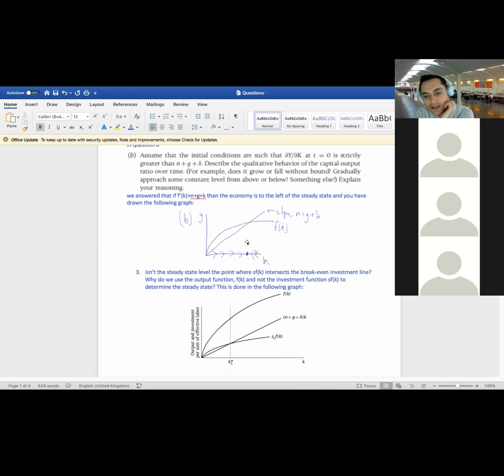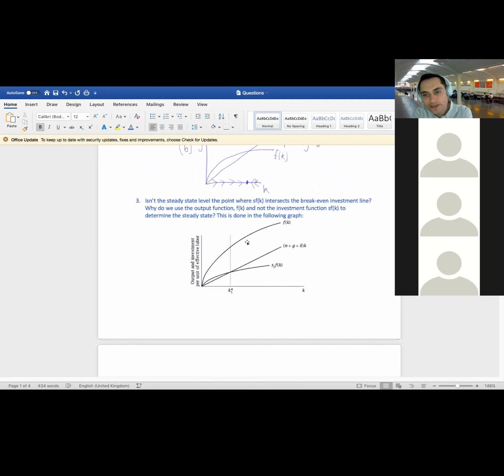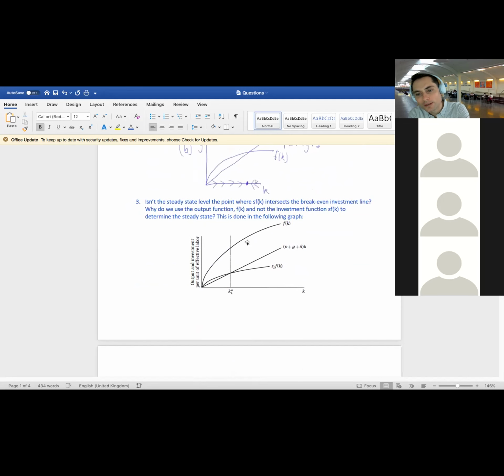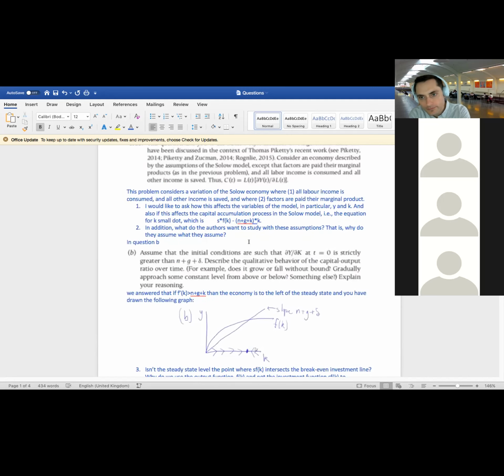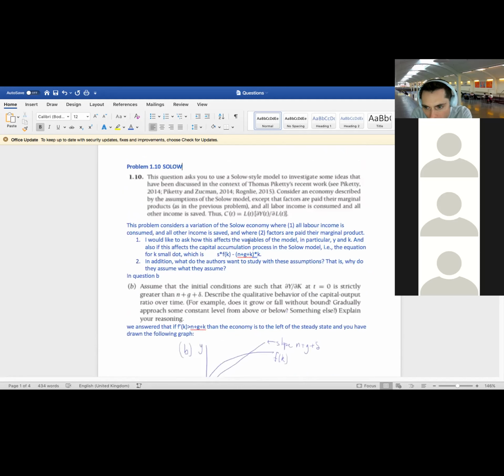Okay, then there's another question there that I can see you're confused about one little thing. So then you said, if you scroll up a little bit. Yes. So you wrote here, why is it that when f prime of little k is greater than n plus g plus k, the economy is left of the steady state?